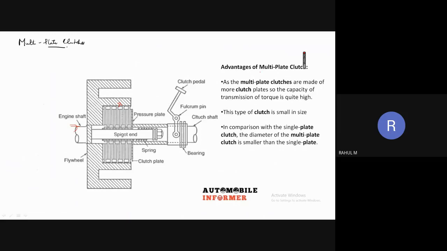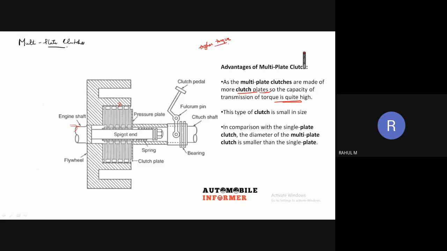Now the obvious question is why is a multiplate clutch used, or what are the basic advantages of using a multiplate clutch? As the multiplate clutch is made up of more clutch plates, the capacity of transmission of torque is quite high. So you can actually transfer a higher torque.